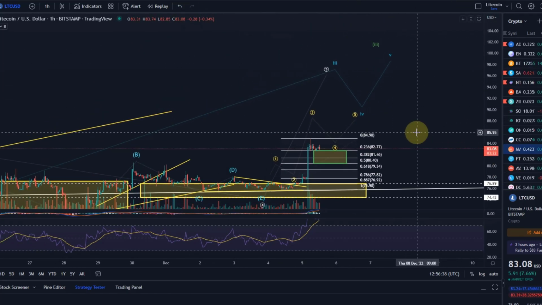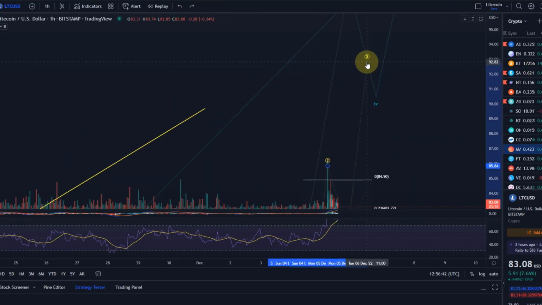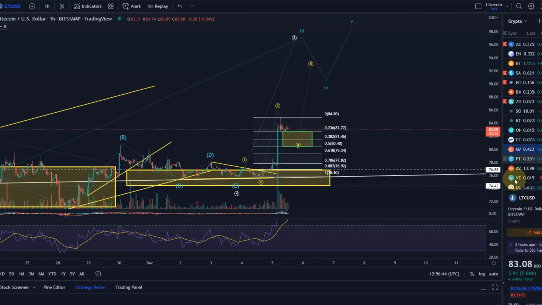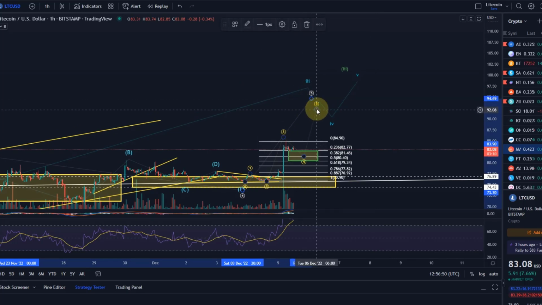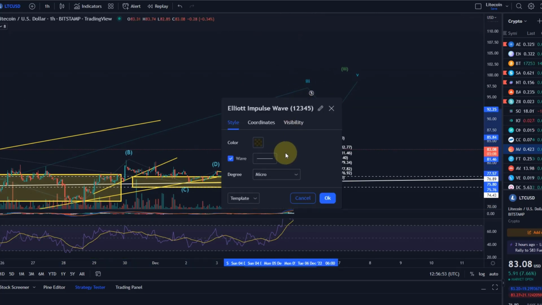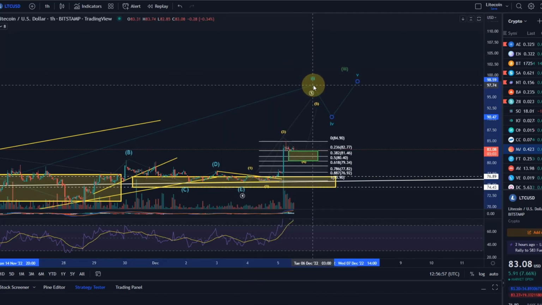So let me just make sure we've got it. Okay, wave 5. And this wave 5 then would finish off wave 5 in white as well. I'm actually going to change the wave degree here for the yellow count. And it would finish off wave 3 in blue.